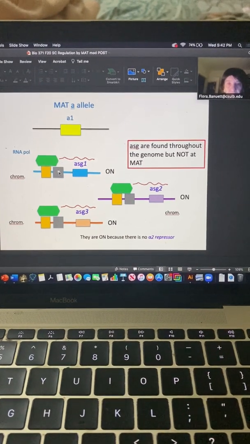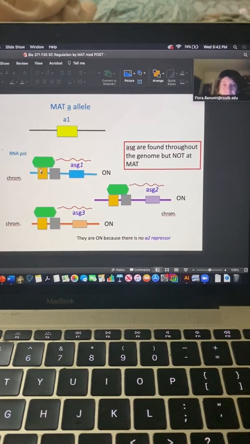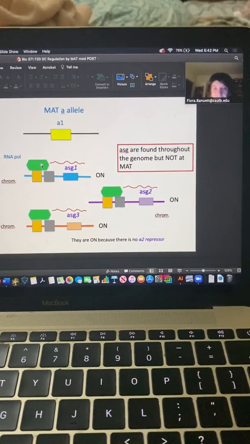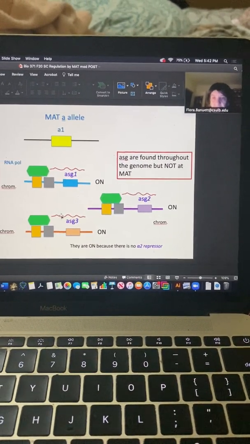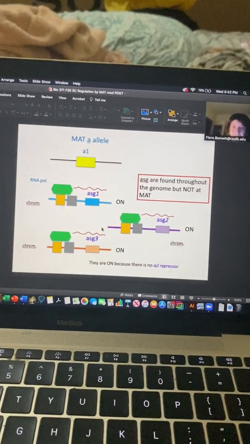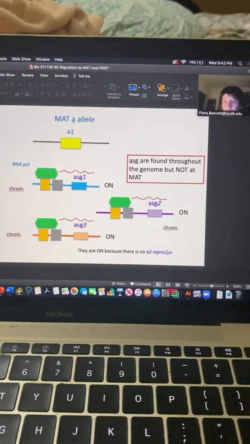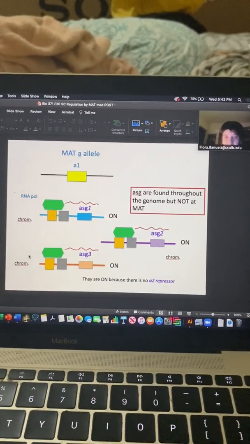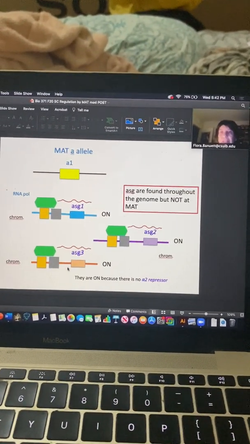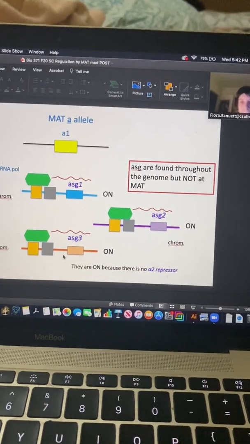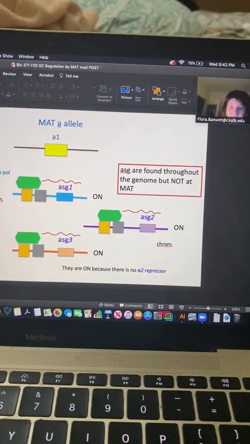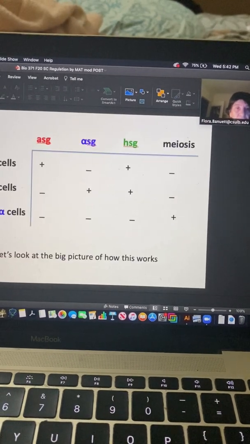So here is the operator site, but because you don't have the repressor, RNA polymerase is very happy to bind here and start transcribing. The genes are transcribed because the alpha 2 repressor is not present. This gene doesn't have anything to do with the expression of these genes. It is necessary only in the diploid cell.